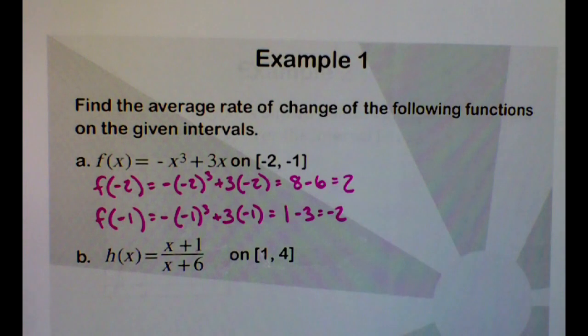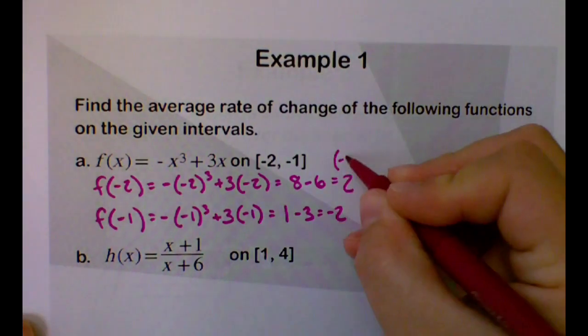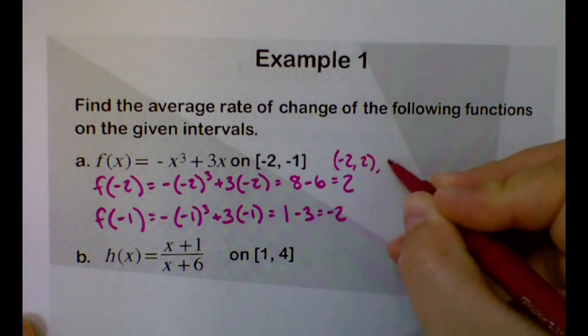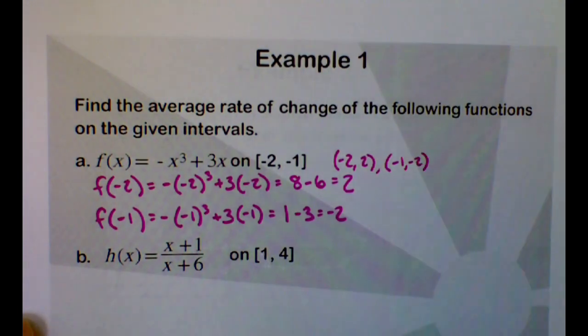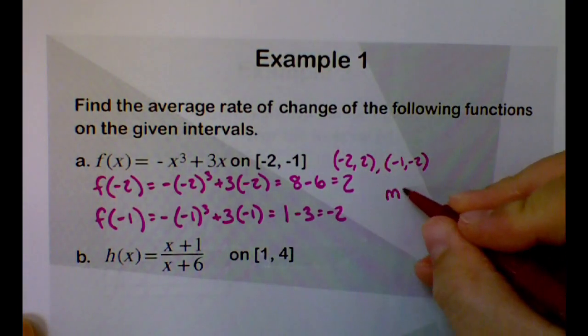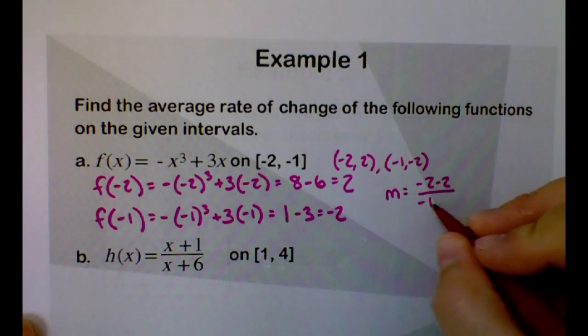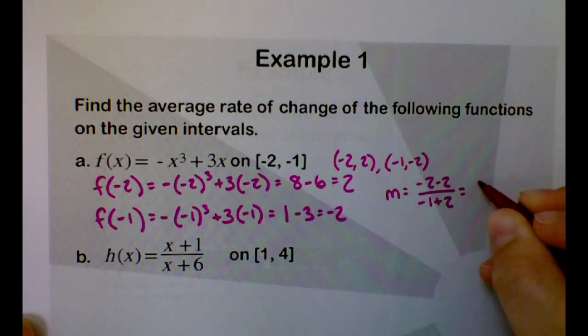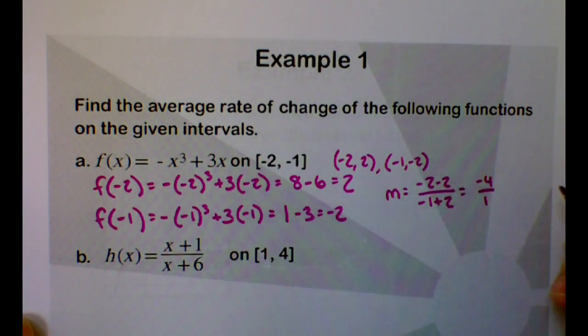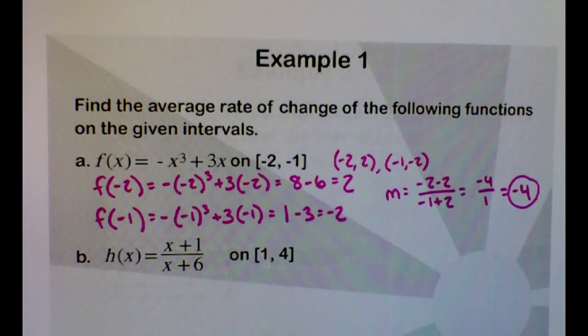Then we just find the slope between the 2 points, (-2, 2) and (-1, -2). So our slope is subtract my y values over subtract my x values. So I get -4 over 1. Our average rate of change is just -4.